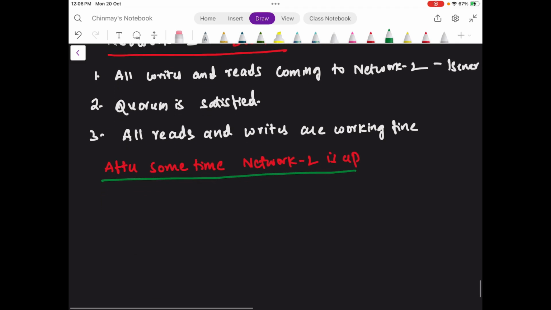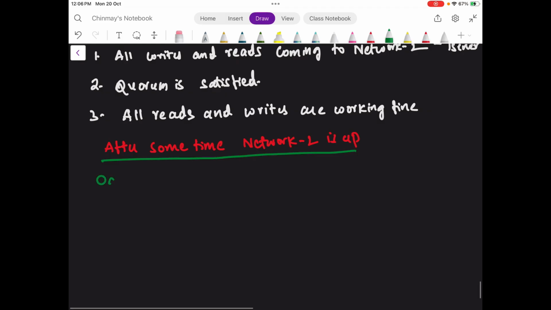Now what will happen? Data transfer is happening from network 1 to network 2.